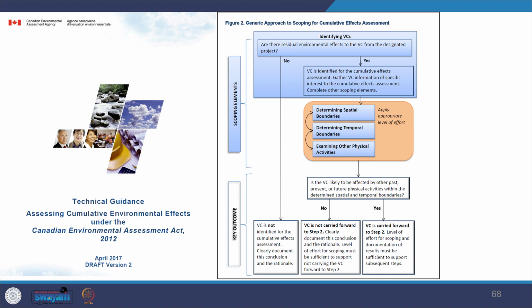But if it is yes, then the VC is identified for the cumulative effects assessment, and you have to gather information on the VC, and then further decide what the geographical boundary will be, what the temporal boundary will be, and what the physical activities involved are. And then you will look at whether the VC will be affected by all of these. If yes, then you need to move to step 2. If not, you can wind up there.